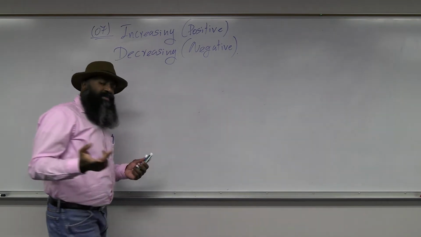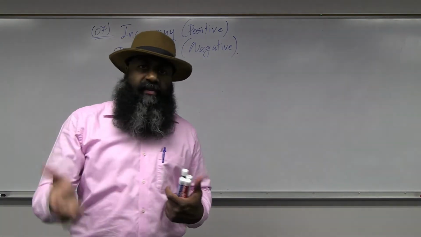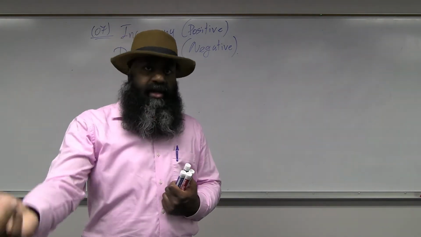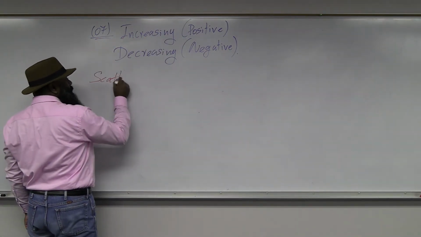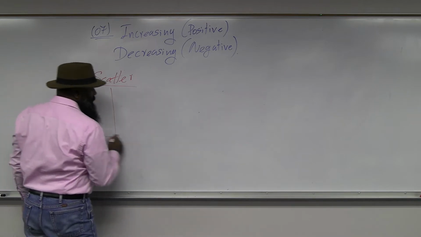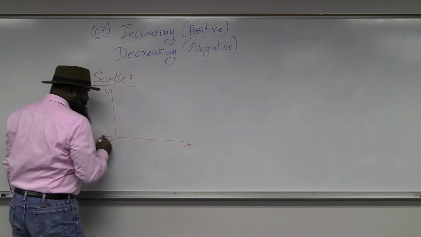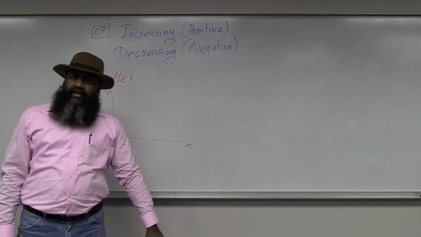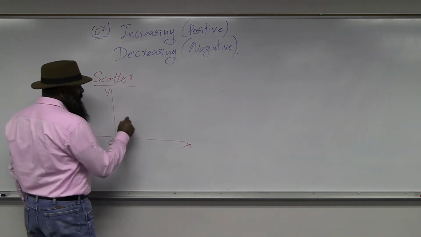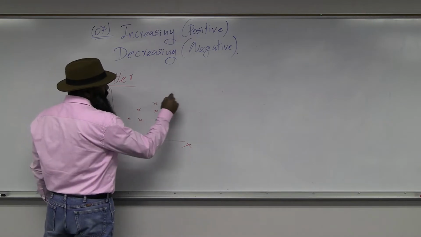We said we have two methods to detect, the graphical method and the analytical method. So for the graphical method, if the scatter plot shows an increasing pattern overall, it's an increasing relationship, which means the coordinate points should be like this.